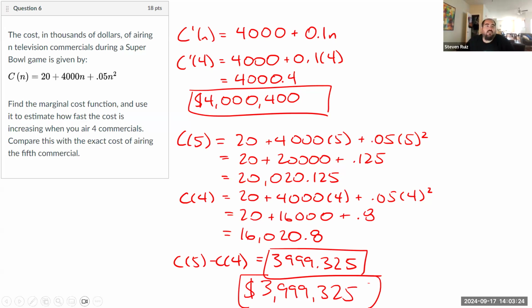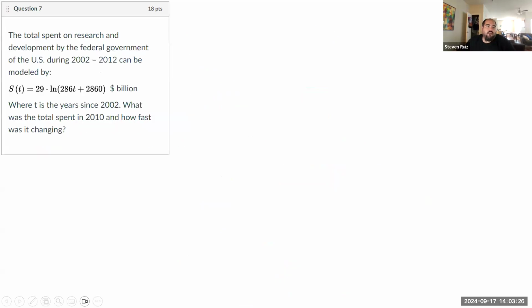All right, moving on. Question 7. So the total spent on research and development by the federal government between 2002 and 2012 is modeled by this function. What was the total spent in 2010 and how fast was it changing? So 2 different questions there. First, I want to find out what the total we spent in 2010 was. So this function gives the total cost. I'm going to evaluate this function rather than its derivative. So what value of T do I want? T is the number of years since 2002.